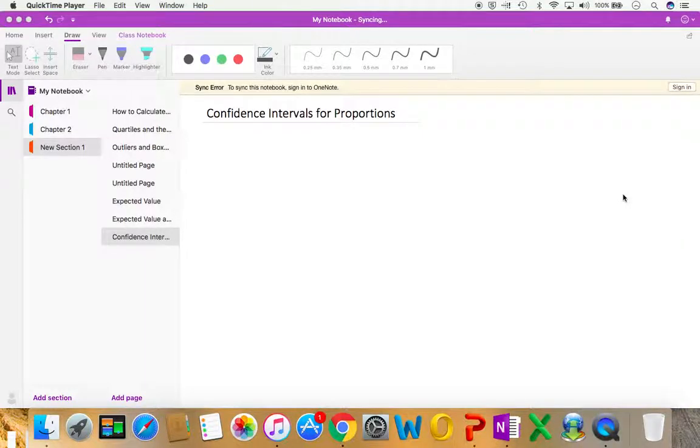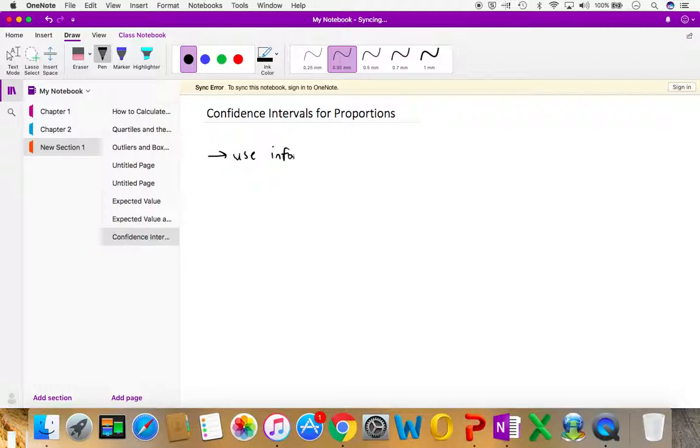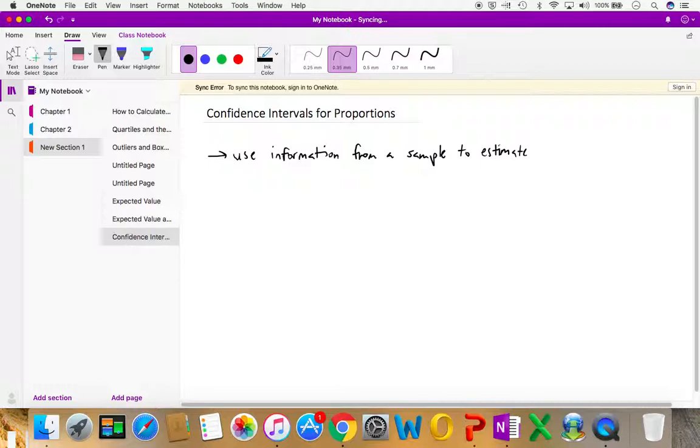In this video, we're going to talk about confidence intervals specifically for proportions. Any confidence interval that we talk about is always a matter of inference, meaning that we're taking information, and let me just draw as I explain here. We're going to use information from a sample to estimate information about a population.